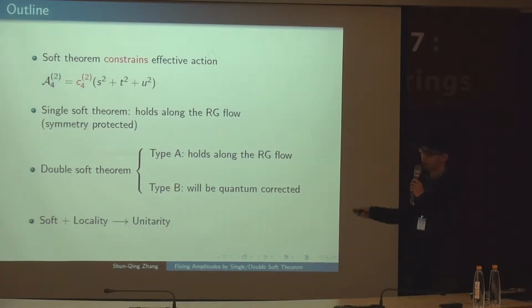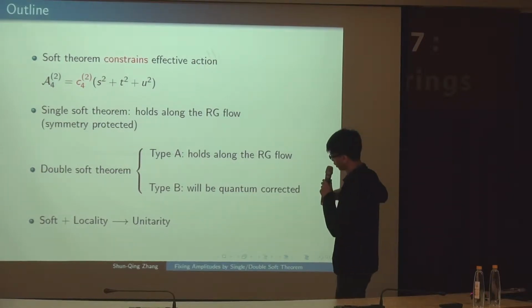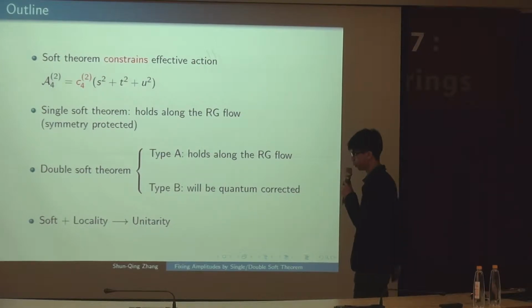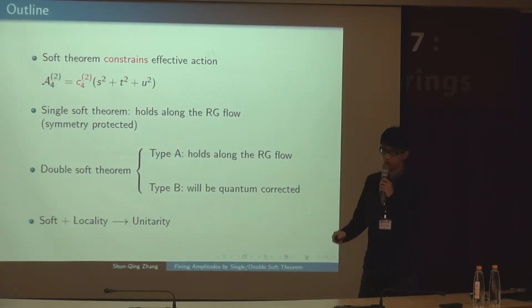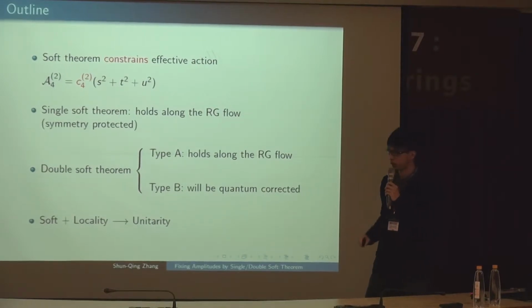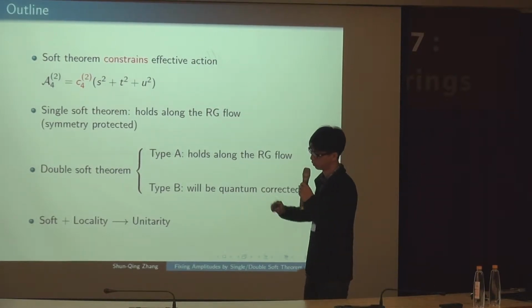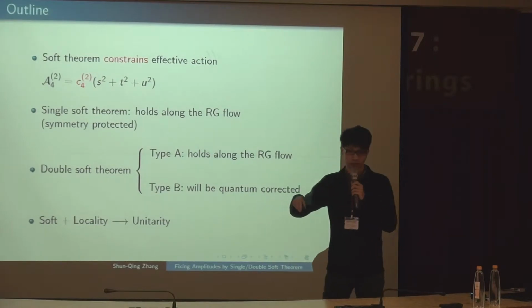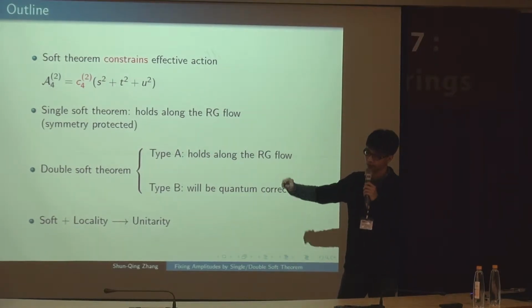I'll also talk about another interesting thing: that the soft theorem and locality can imply unitarity. When we want to fix some amplitude, we first write down an ansatz, which contains some local operators, contact terms, and some factorization channels.